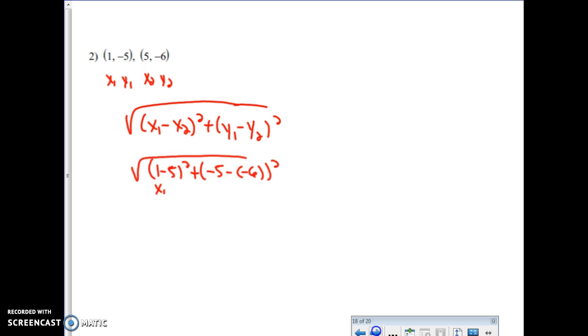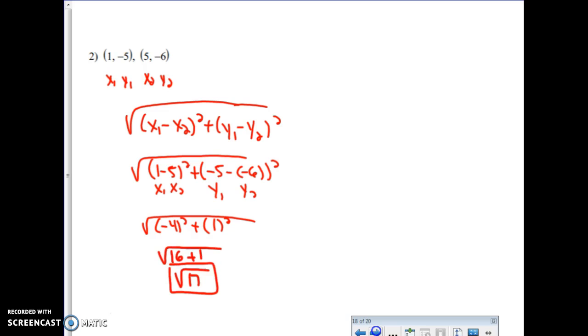So this was x1, that's x2, that's y1, that's y2. So I just plug those values in. I get negative 4 squared plus 1 squared. And I get the square root of 16 plus 1, which is the square root of 17. And 17 is prime, so that would be your distance.